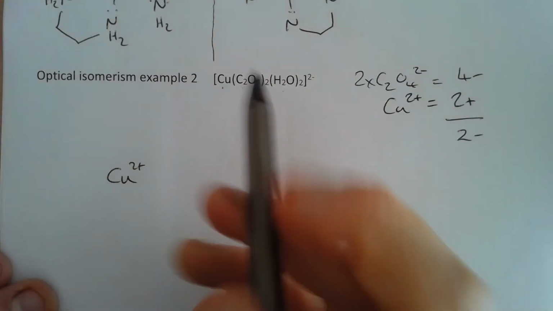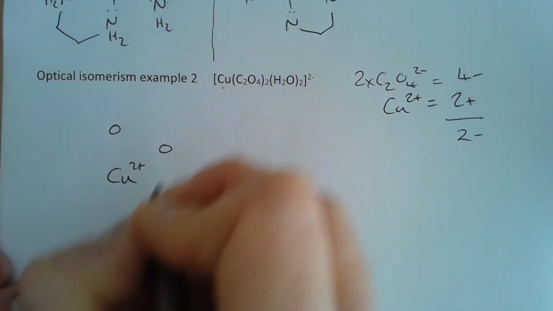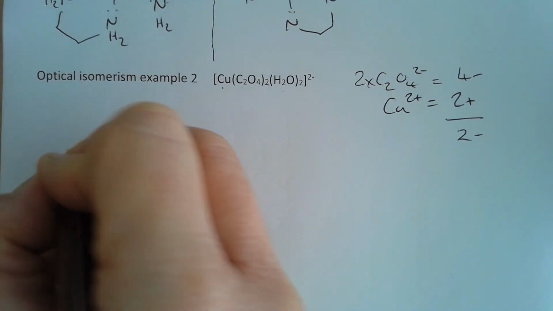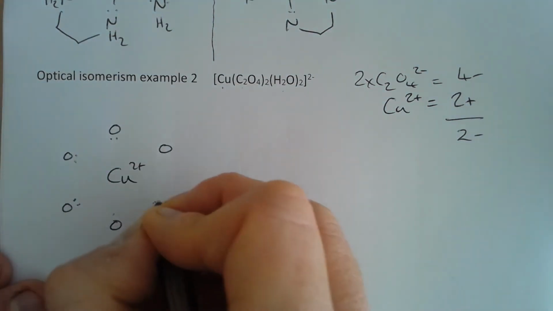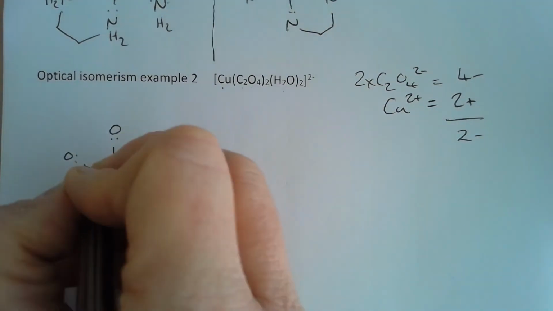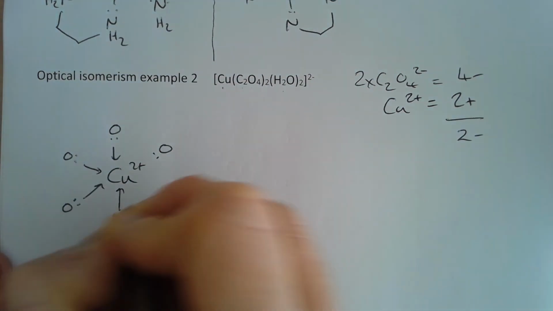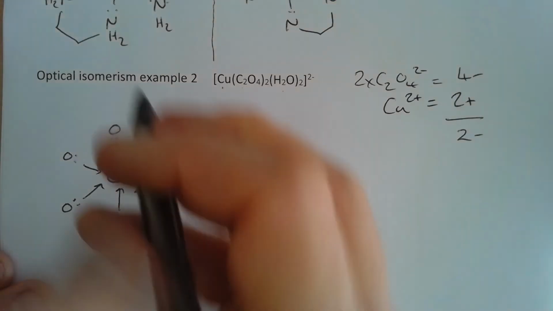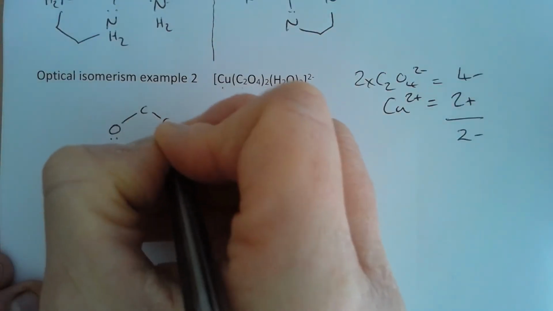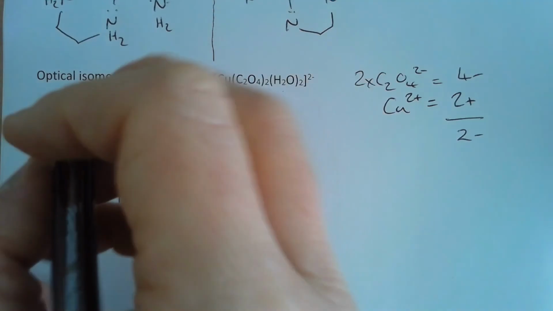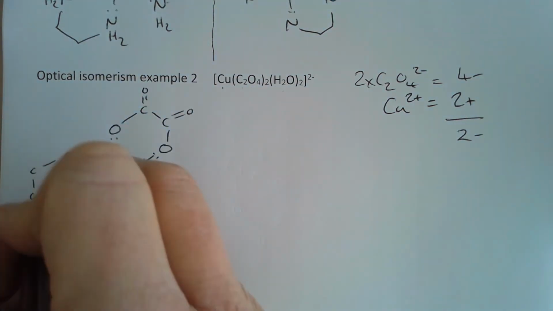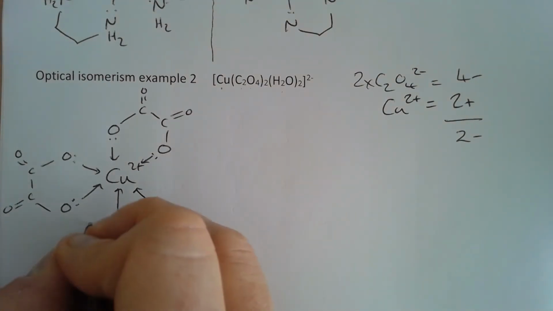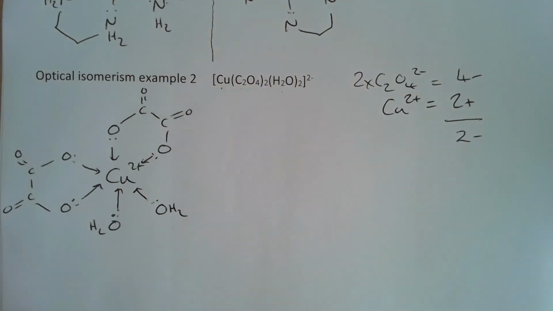So let's draw our octahedrally arranged atoms that are forming the dative covalent bonds here, like that. And then we need to add the parts of the bidentate ligand, and then obviously this is H2O, OH2.